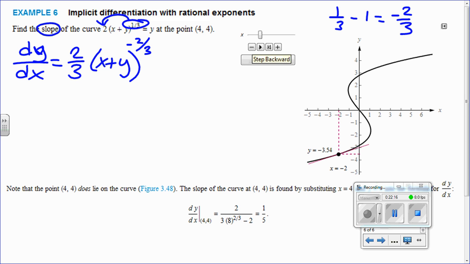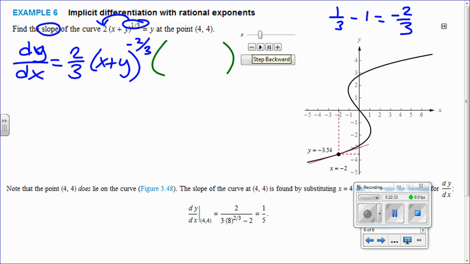And then we have to find the derivative of the inside. It is, but for the x, yes. But for the y? Oh, dy dx. So we're going to multiply by dy dx.